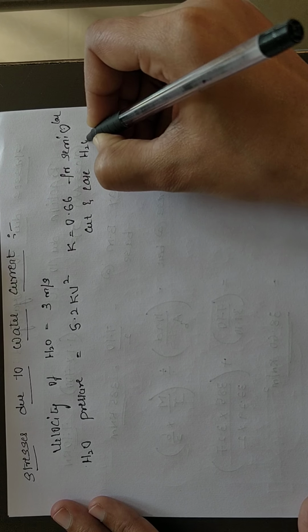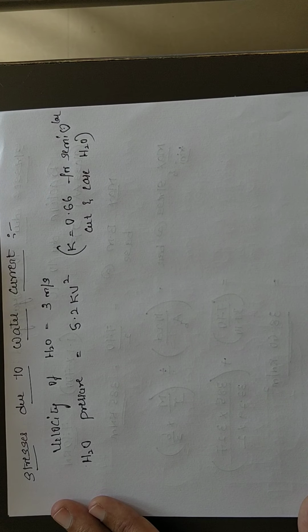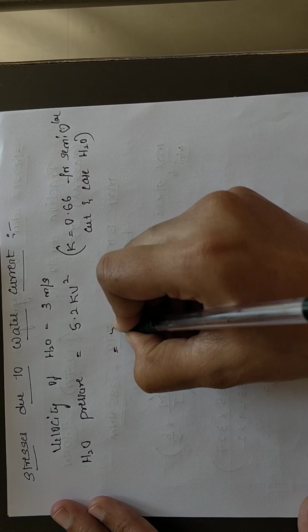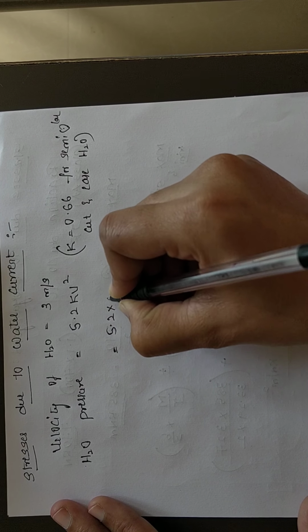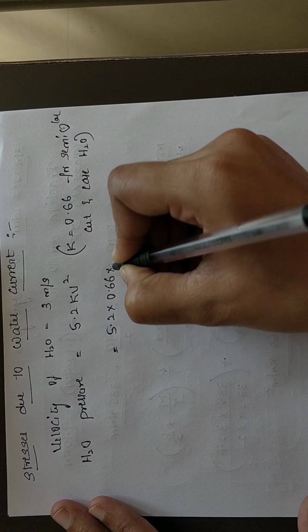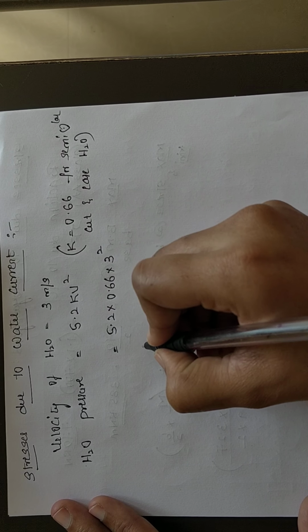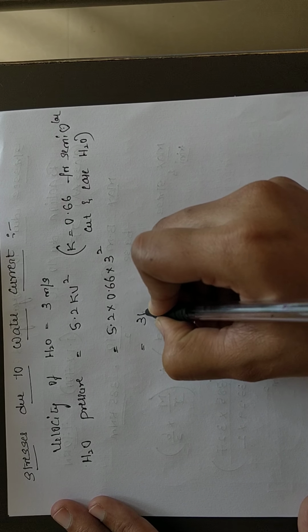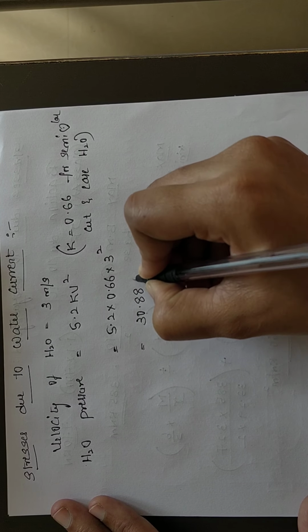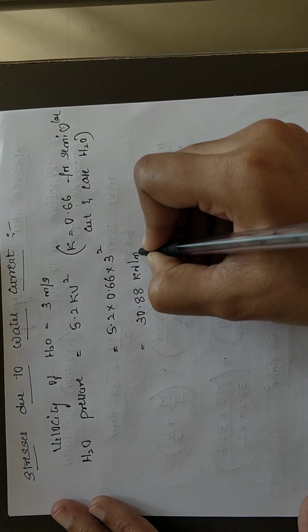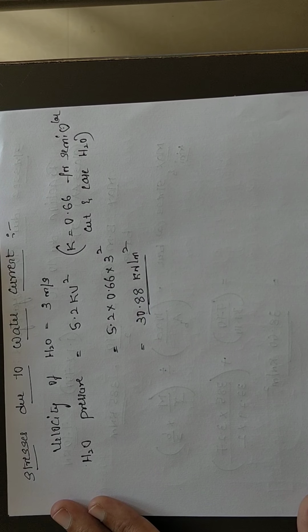Substitute 5.2 into 0.66 into 3 square. You will get 30.88 kilonewton per meter square. This is the water pressure.